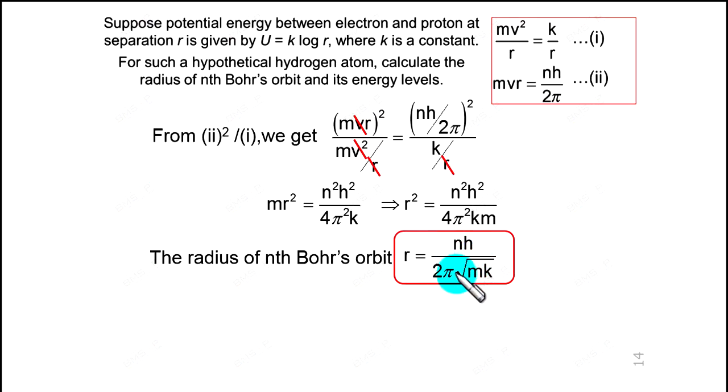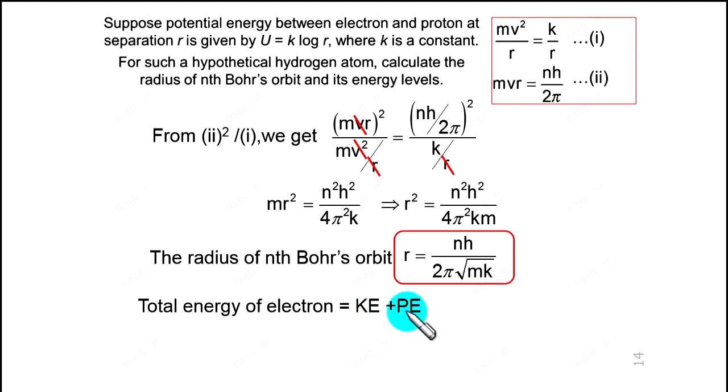Now let us find the kinetic energy. Before calculating the kinetic energy, we can calculate the total energy. We know total energy is equal to the sum of the kinetic energy and potential energy, right? So, let us write kinetic energy and potential energy.